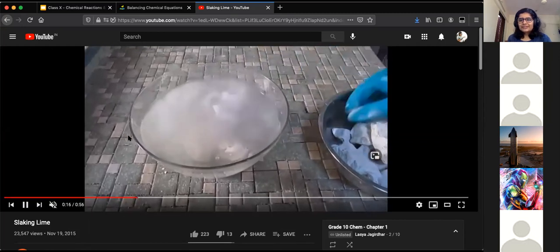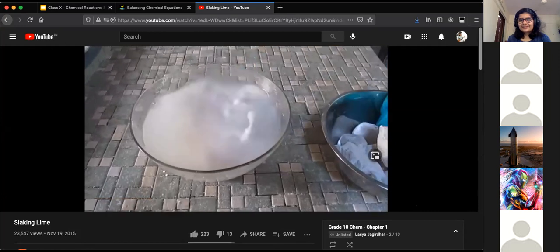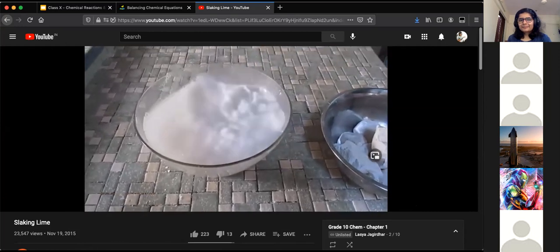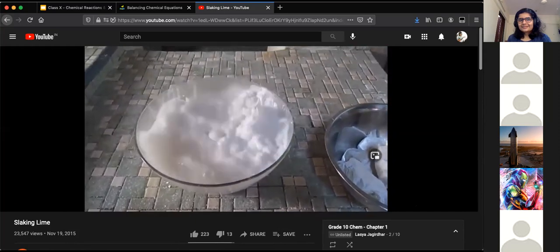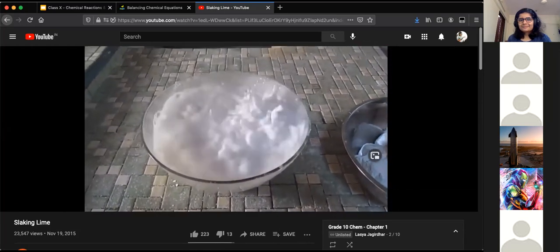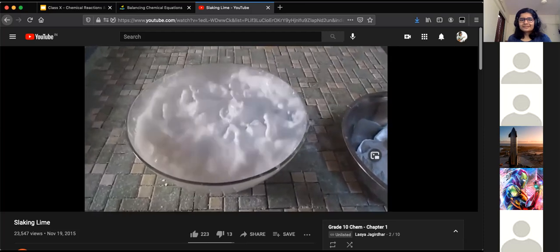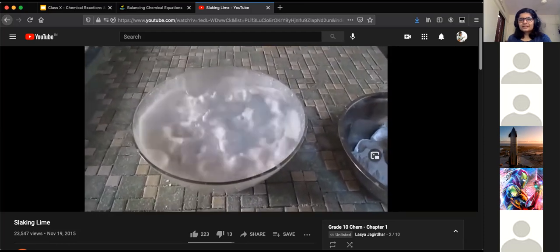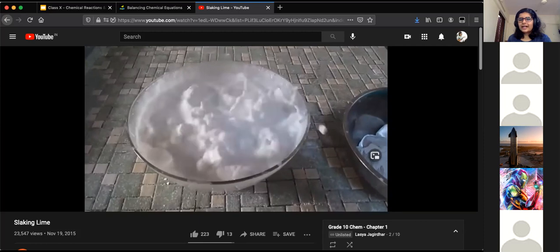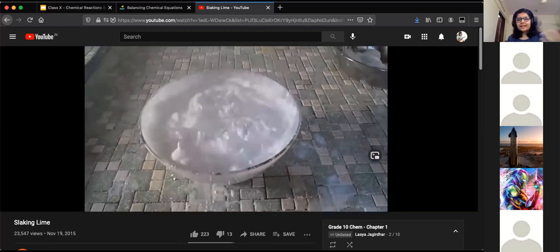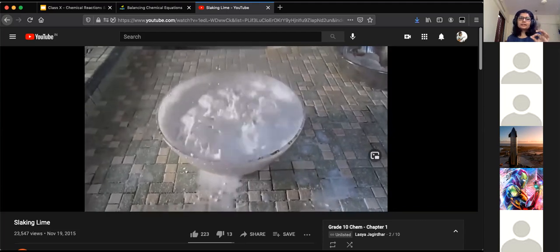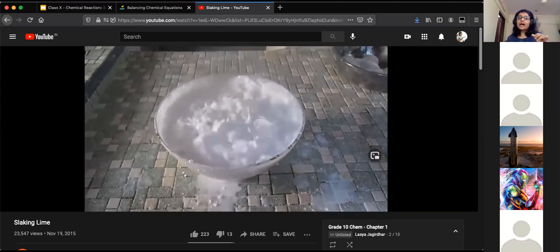So can you see what's happening here? Yes, ma'am. The water is boiling. That's why we can't touch it with bare hands. Also, usually bases like sodium hydroxide, calcium hydroxide, just like acids, bases also hurt your skin, they harm your skin.